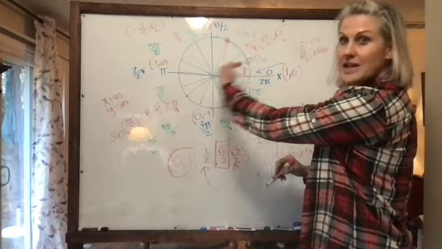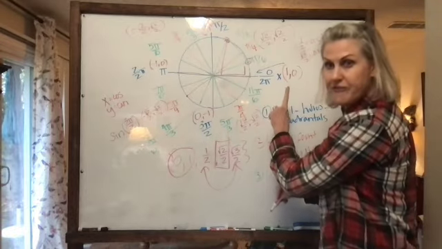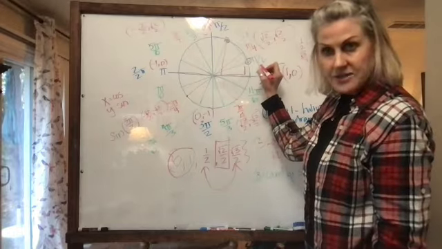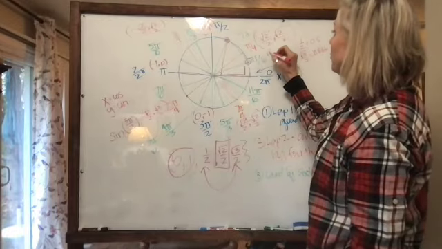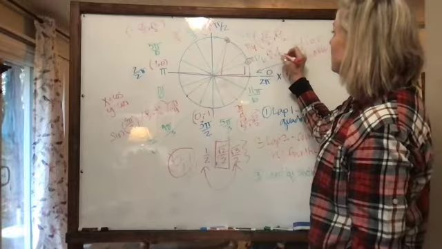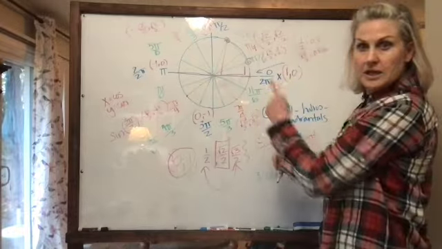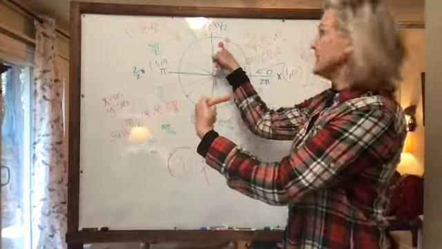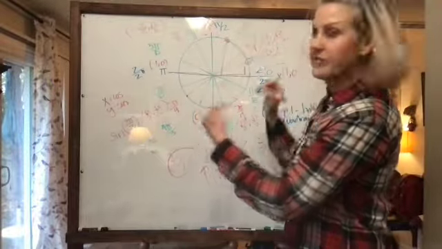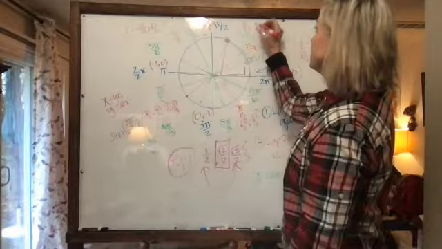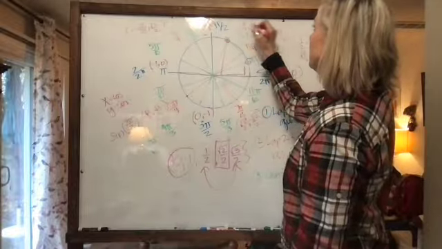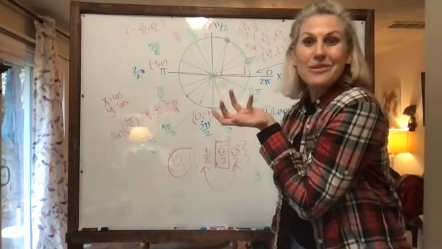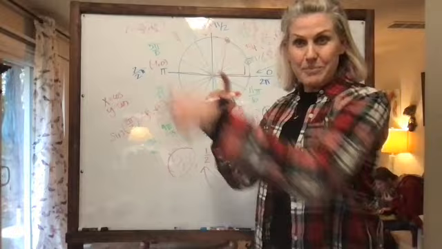Mouse down here has to run farther than he has to jump. So he gets the bigger x coordinate. Root 3 over 2, run a lot, jump a little. This mouse, run a little, 1/2, jump a lot. And then that pattern repeats all the way around the circle, just depending on what quadrant.